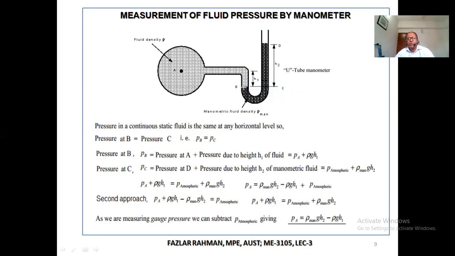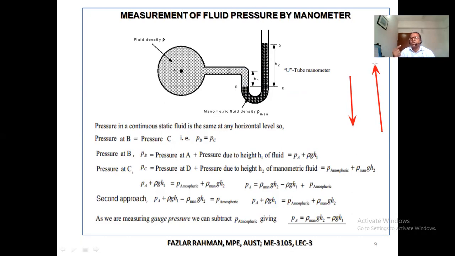Then you figure out pressure at those points, or you can start from one point, then walk down to the other point. Just remember, when you come down, it is positive. When you go up, pressure decreases. You are going to the bottom of the sea, pressure increases, plus sign.